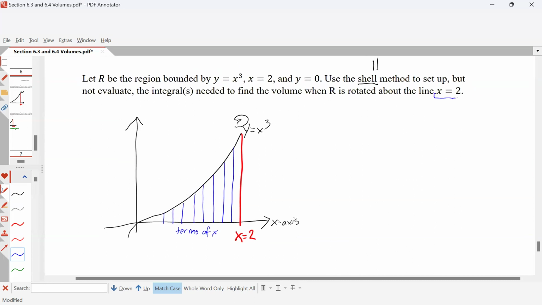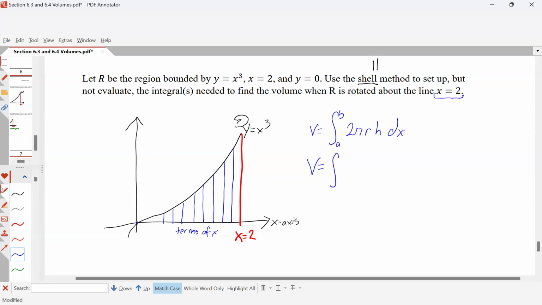But our axis has moved. So we're still going to have our volume equal some integral from a to b of 2 pi r h dx. Now, in this case, r is our distance from the axis of rotation. So first, I want to think about our bounds.